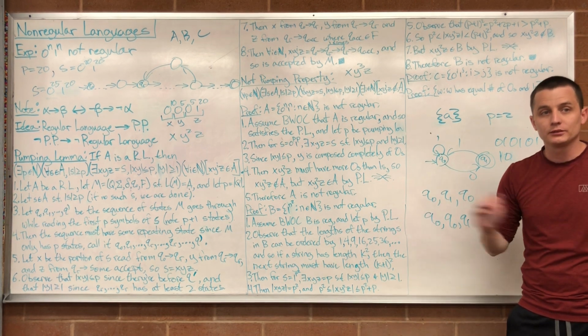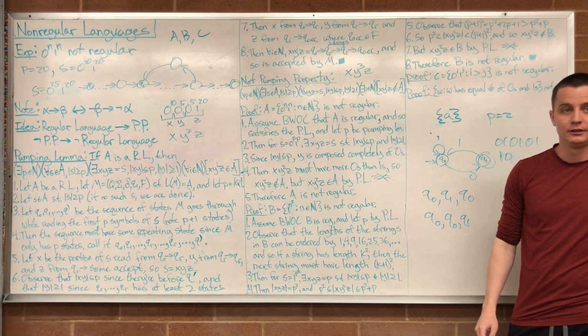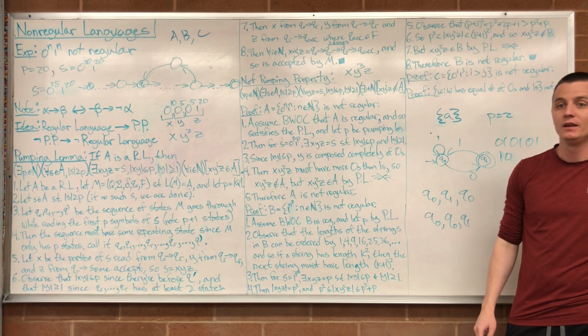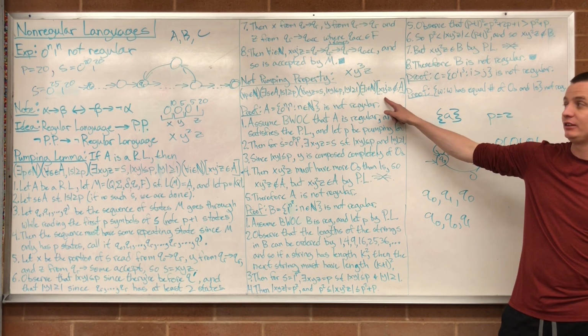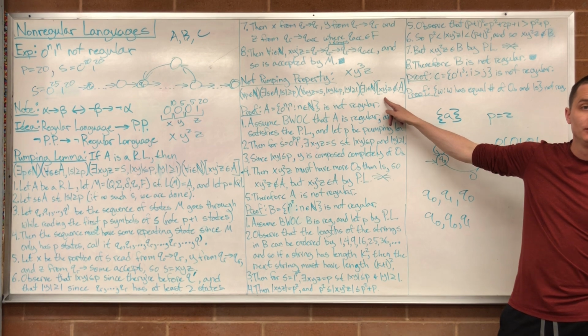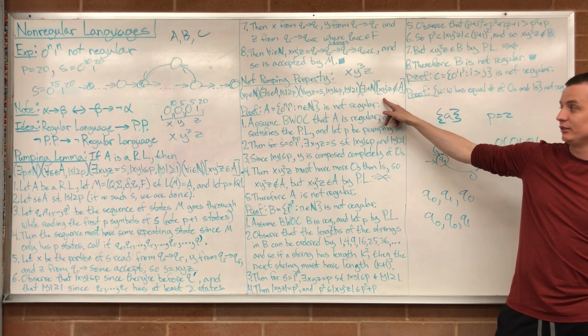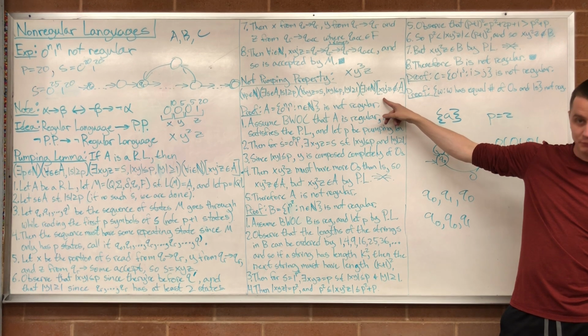And that's how we show not the pumping property. It's a mouthful. It takes a bit to get used to these quantifiers. Hopefully those of you who have had logic, it's not as bad. But four quantifiers is always a beast to work with.